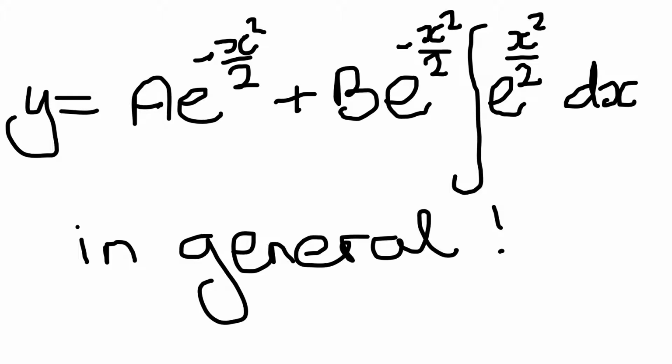Of course, you would probably have to use error functions for this part here, the integral of e to the x squared over 2 or something like that, to find out what it looks like graphically, or to work out the solution for various points as x varies, and so on and so forth.